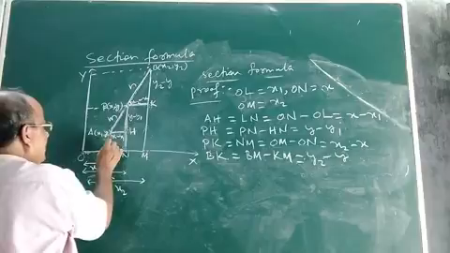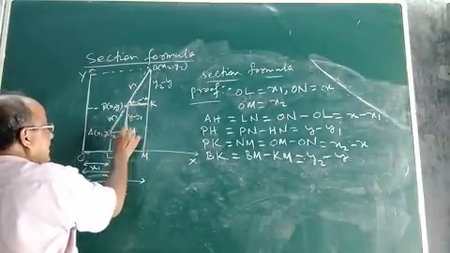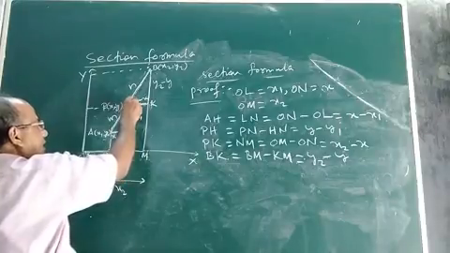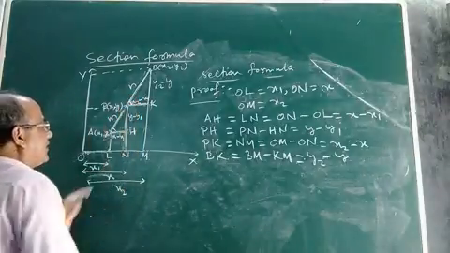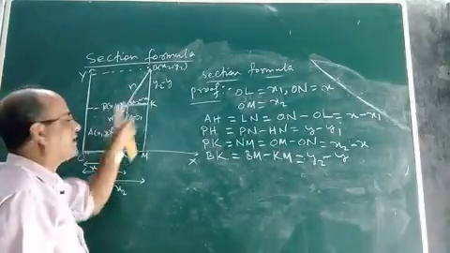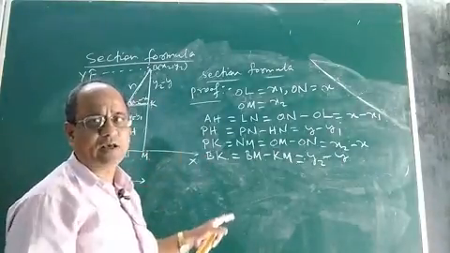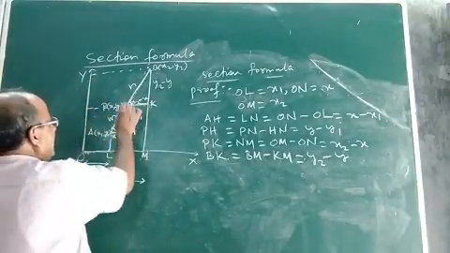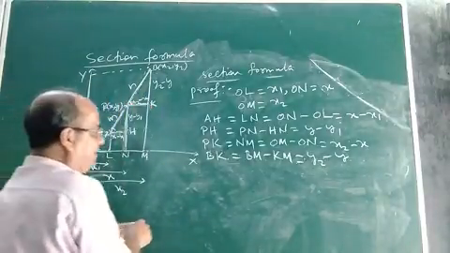PK and AH are parallel and AB is the transversal. So no doubt these two angles are corresponding angles, so they are equal, and angle H and angle K are each equal to 90 degrees. So by angle similarity, triangle AHP and triangle PKB will be similar.